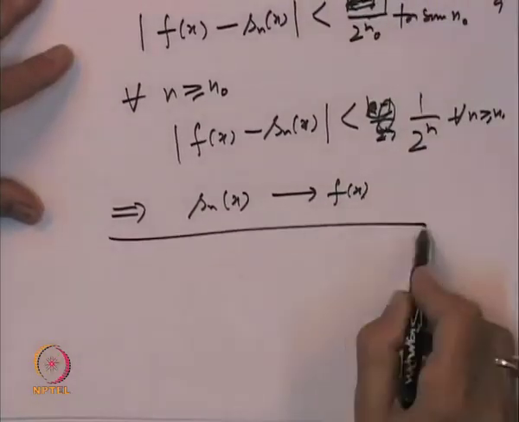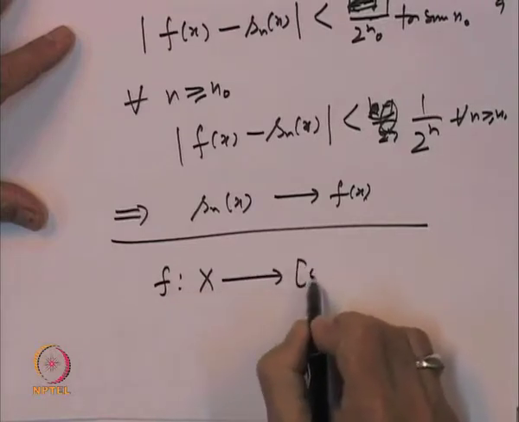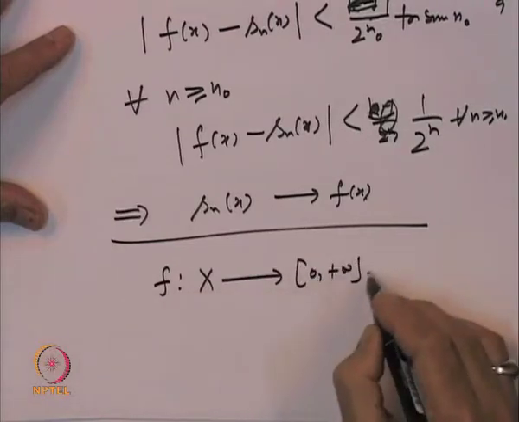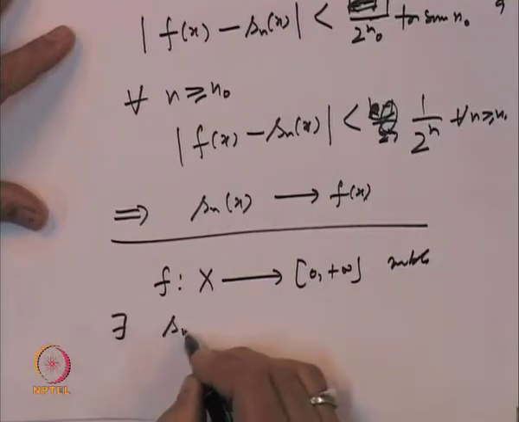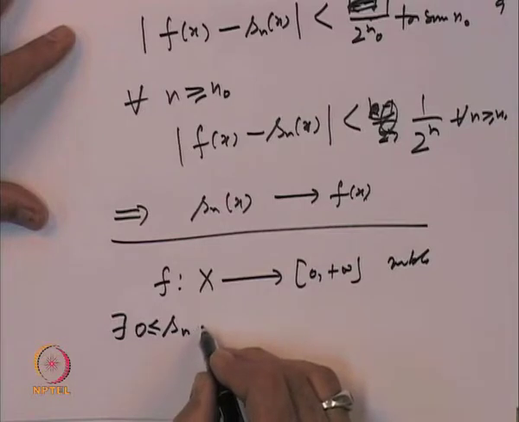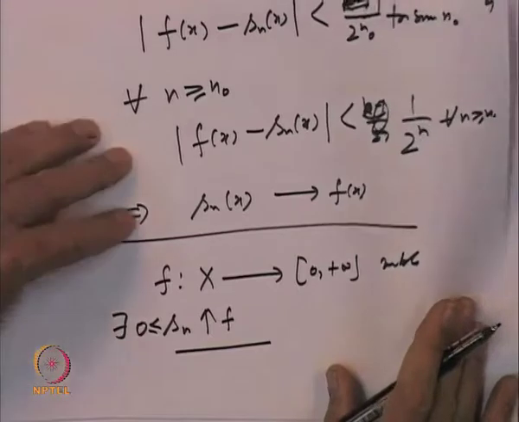So, what we have shown is the following: given a measurable function f from X to 0 to plus infinity, there exists a sequence S n of non-negative functions which are simple and measurable, increasing to f. So, that is what we have proved.